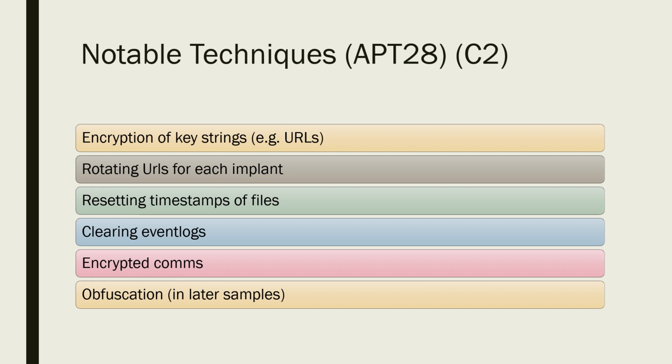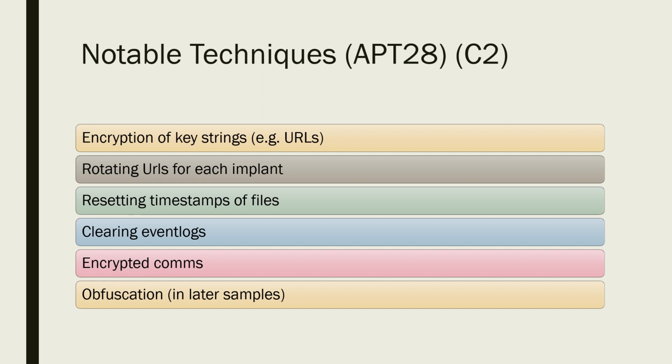Like obfuscation, we're going to use it from the start instead of writing the code plain and obfuscating it later. And they use encrypted comms, and all these are pretty neat features extracted from just public reports on these APTs. Reading some of these things, we note that they're pretty useful, and so these are the things that we're going to implement ourselves.